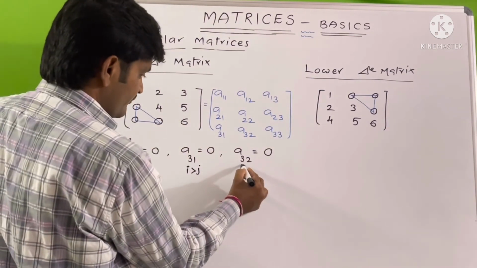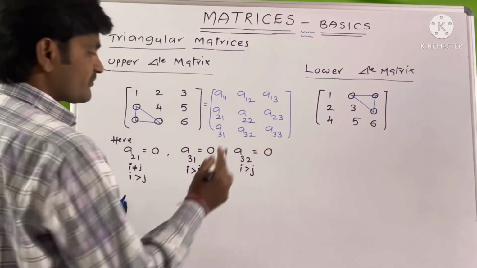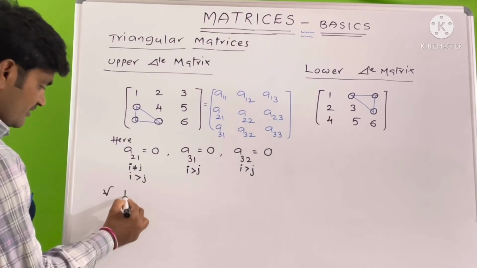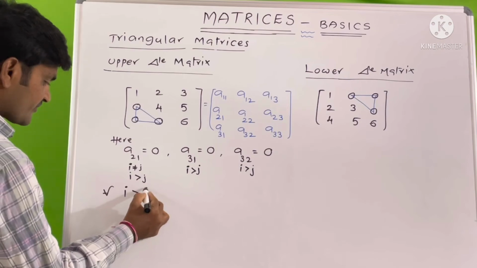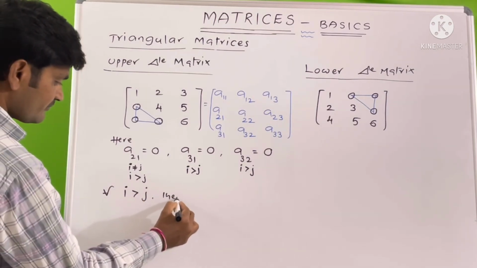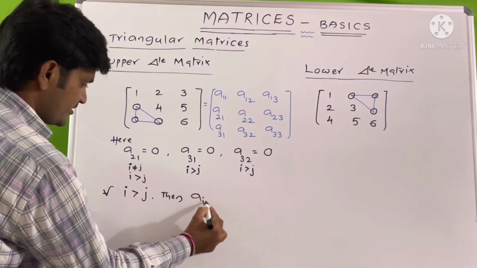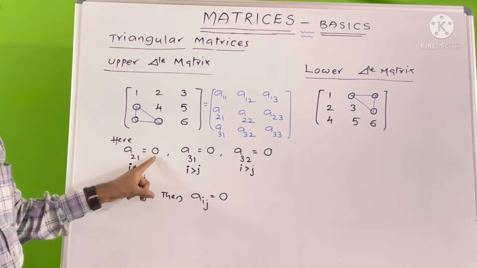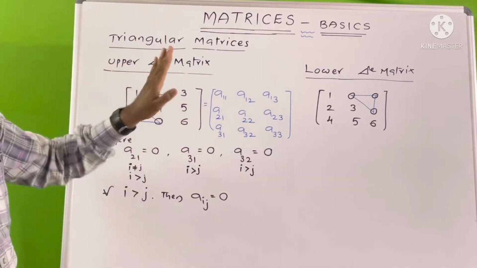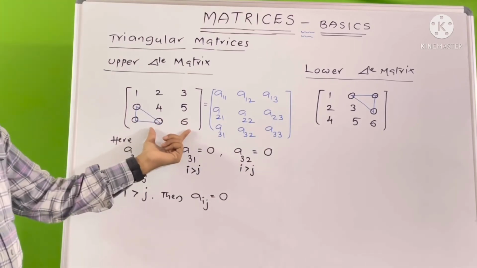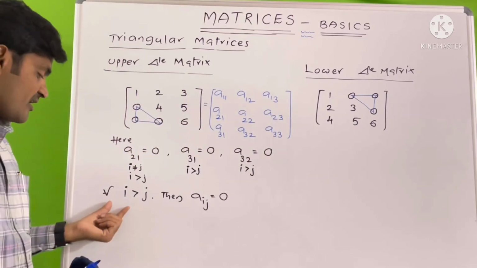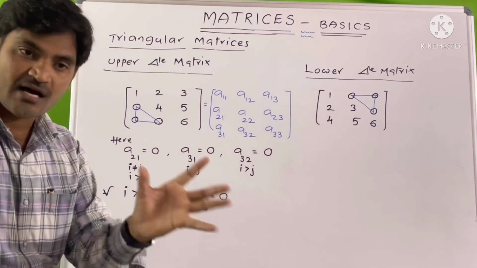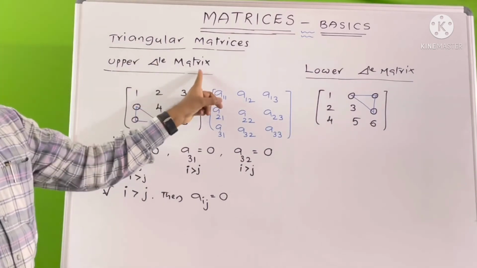So the definition is: for all i greater than j, aij equal to 0. So the upper triangular matrix definition is: in a square matrix, for all i greater than j, aij equal to 0 is called an upper triangular matrix.